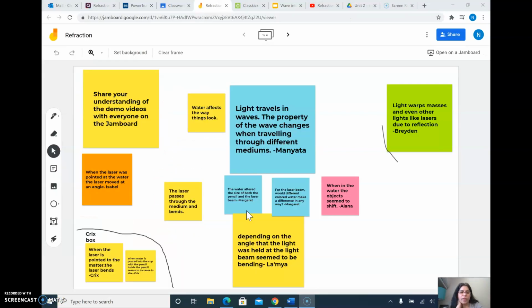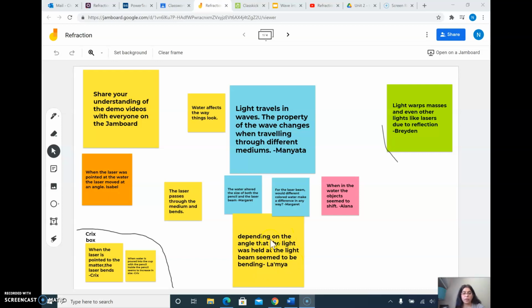All right, we are back and you made very good observations here. So she writes, light travels in wave. The property of the wave changes when traveling through different mediums. That's great. Depending on the angle the light was held at, the light beam seemed to be bending.